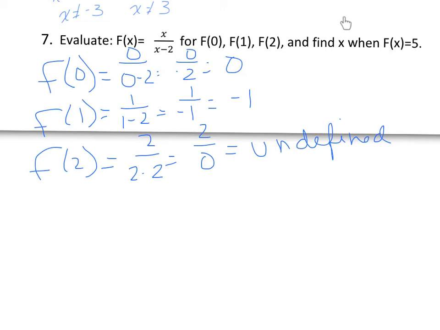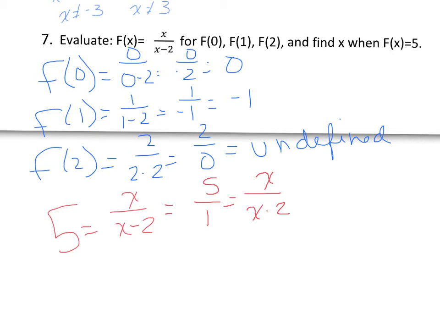Now, this last part, find x when f of x equals 5, means we're going to replace the f of x with 5. So 5 equals x over x minus 2, and we have to solve for x this time. If you remember, you can write this 5 as 5 over 1, and you can actually do this like a proportion. 5 over 1 equals x over x minus 2, and then these cross products will be equal.